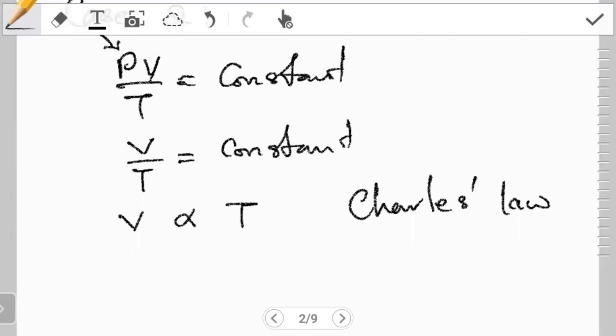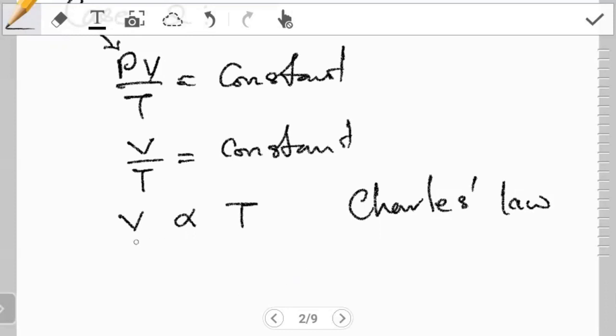So we want to say for a fixed mass of a dry gas, the volume of that gas will vary directly to the absolute temperature. I'm specifying absolute temperature because you have to use the temperature in kelvins here. Even when using the ideal gas equation itself, temperature has to be used in kelvins. Sometimes it's okay to work with degrees Celsius, but unless the question asks you to use degrees Celsius, the best thing is to always work with kelvins.